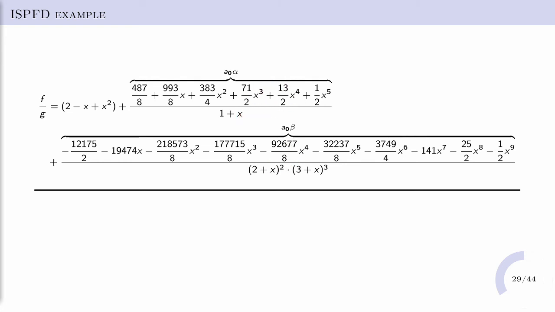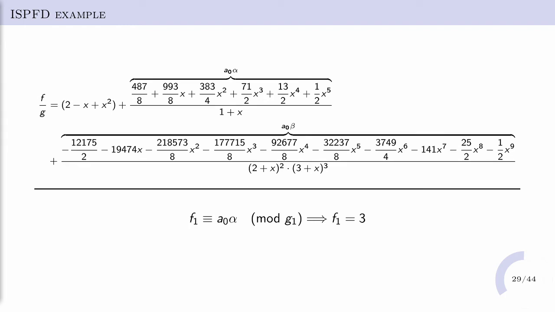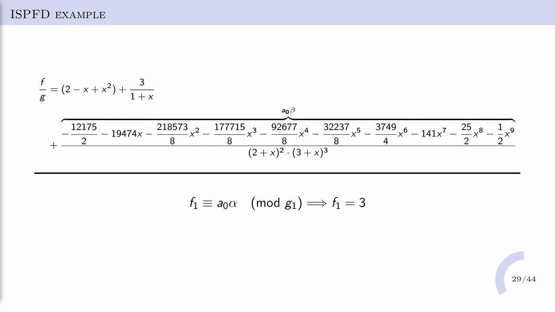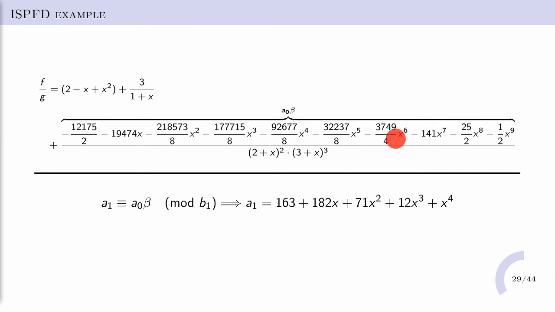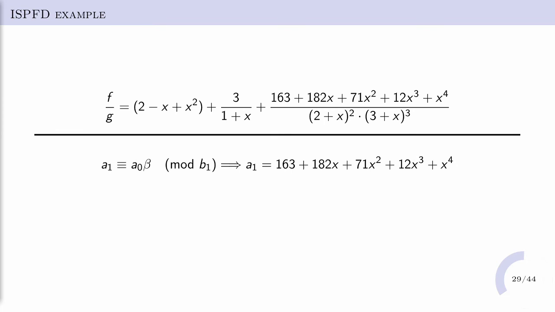Of course, this quotient will cancel. The remainder of this numerator modulo 1 plus x is 3, so we replace it by 3 over 1 plus x. And the quotient and the remainder of this numerator modulo the denominator give a1, equal to this polynomial of degree 4. So we replace it by this formula.